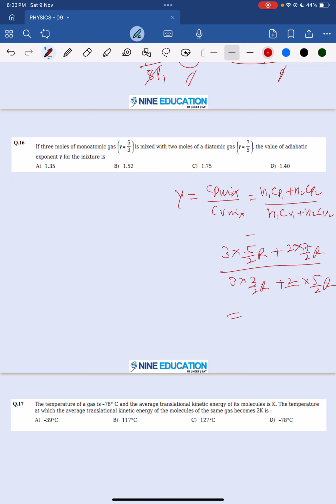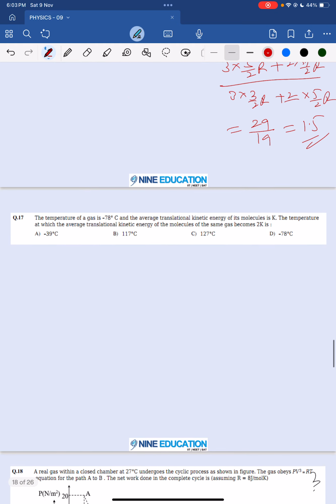So we are going to write 15 by 2, this will be 7, and this will be 9 by 2, 4.5, this will be 5R. So which is going to become somewhere around 1.5 approximately. So this should be our answer. Clear है?